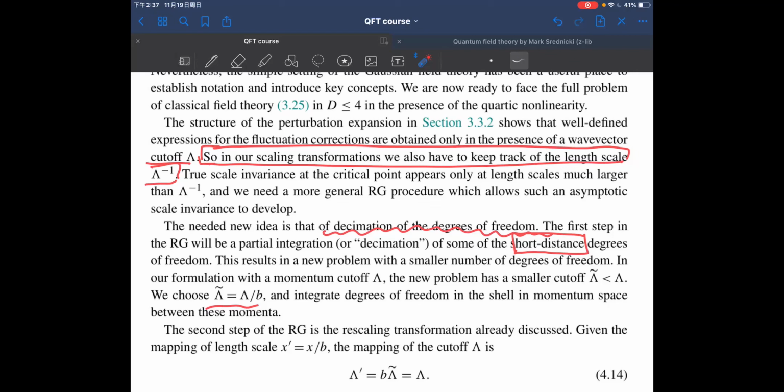The conformal symmetry, the scale invariance at the critical point, is a physical insight, not a mathematical conclusion. But the decimation of degrees of freedom is just a mathematical method, an approximation in mathematics. So you can understand it easily.